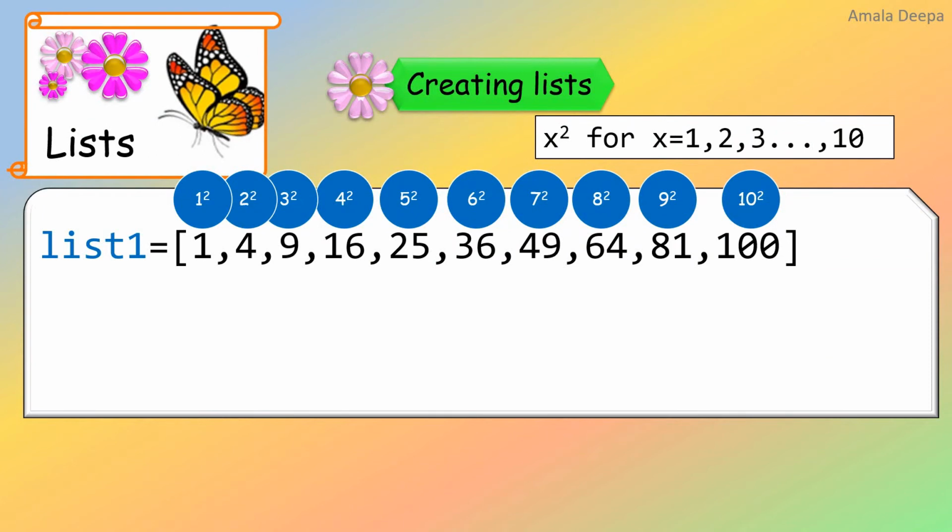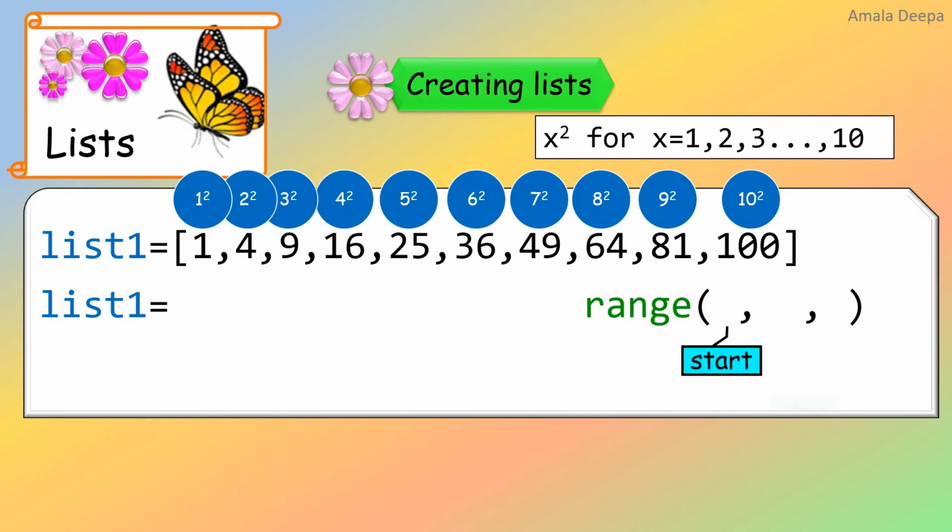So to generate these values, I can write range function with the 3 parameters start, stop and step. I have to generate the values for x using the range function. So the values needed for x are 1 to 10. So start value is 1, stop value is 11, step value is 1. So you get the range function ready. And then x squared. How to write x squared in Python?